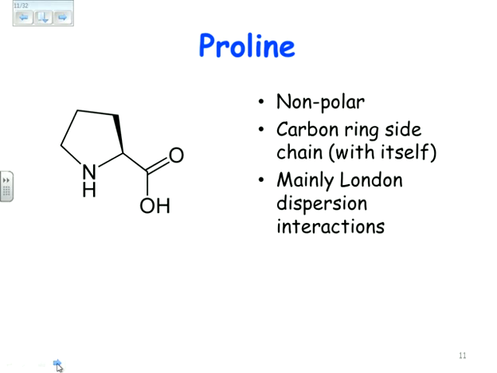Okay, so the two we're going to learn today, the first one is proline. Now, I know this one kind of looks strange, but look at it this way. This carbon is your alpha carbon because you find your carboxylic acid, find your amine, where they both meet. Now what happens with this one, which is unique, this is basically CH2, CH2, CH2, but the last CH2 comes around and bonds back to nitrogen.